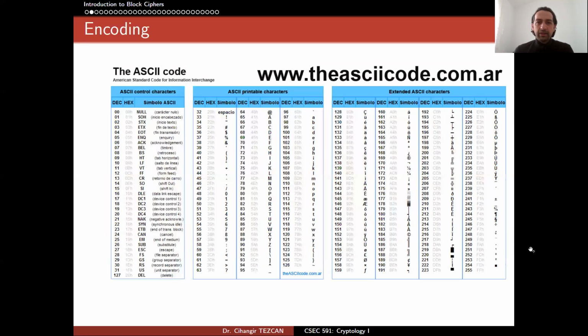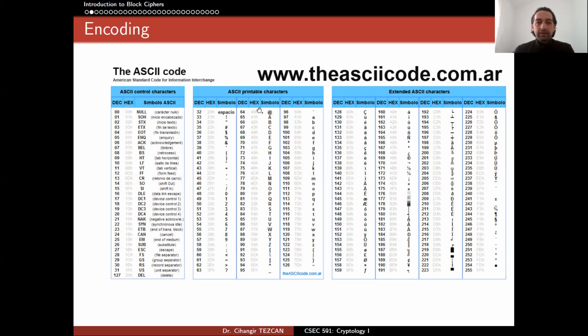So here's an example from the ASCII code. I think you're familiar with it. We represent the character by a byte. A byte consists of 8 bits, so you can represent 2 to the 8 different characters with a single byte. This is why this list starts from 0 to 255.